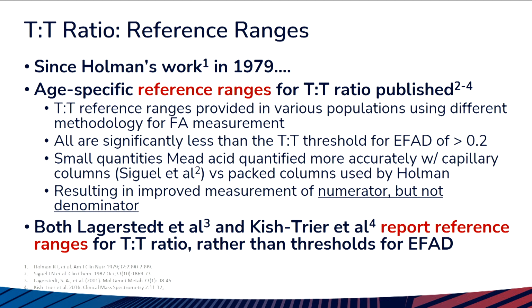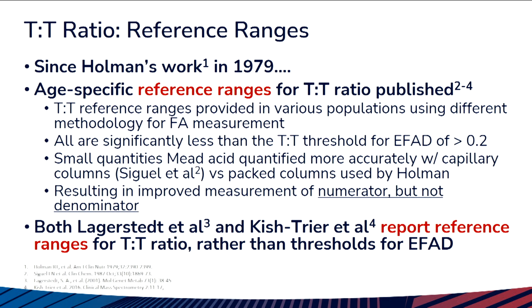Segal, Kishtrier, and Lagerstadt all did things differently, so we'll see different reference ranges. It's really important that we remember these are reference ranges, not thresholds for diagnosis of EFAD. We'll discuss that more when we look at the lab panels from the labs that actually process these tests.